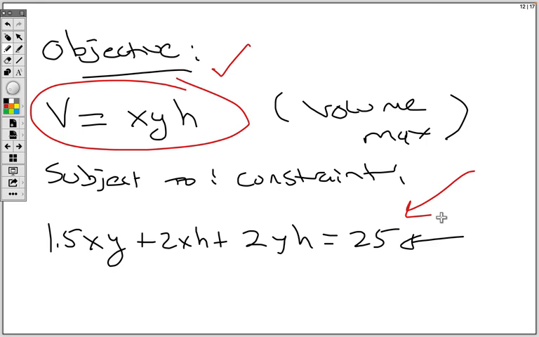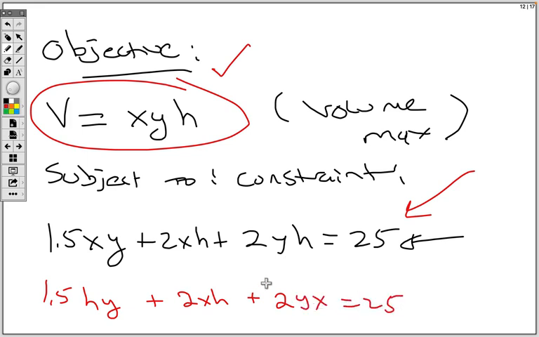Is that true if you switch x and h? If you took that equation and switched x and h, is it symmetric? So if you switched x and h, you would have 1.5hy plus 2xh, that would be the same, plus 2yx. Is that the same constraint that we had before?